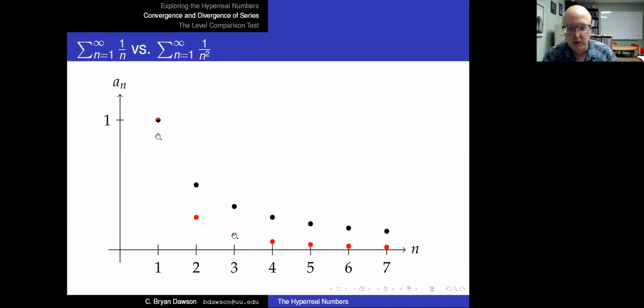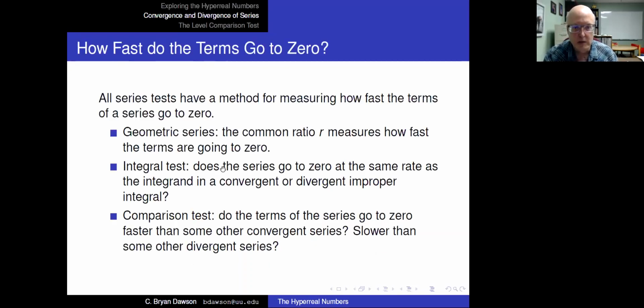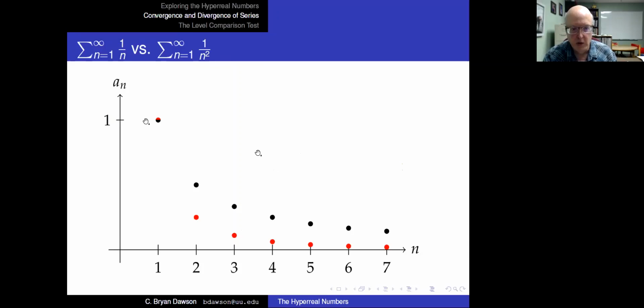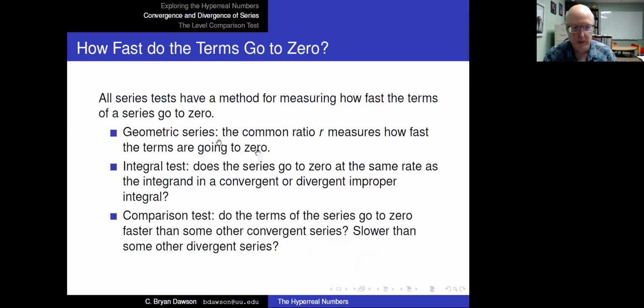The terms of that series are going to 0 fast enough that it doesn't have time to accumulate much, and so that will stay finite. So the real question then is, how fast are the terms of a series going to 0? If they're going to 0 slowly enough, it can still diverge. Fast enough, it must converge.